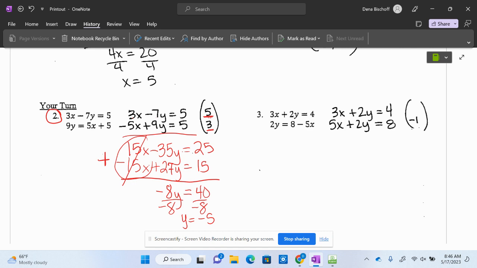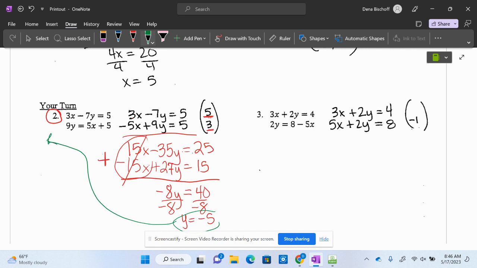What do I do with that y equals negative 5? I have to plug it back in to find the x. So I'm going to plug it into that first equation, 3x minus 7y equals 5. 3x minus 7 times negative 5 equals 5. 3x plus 35 equals 5.